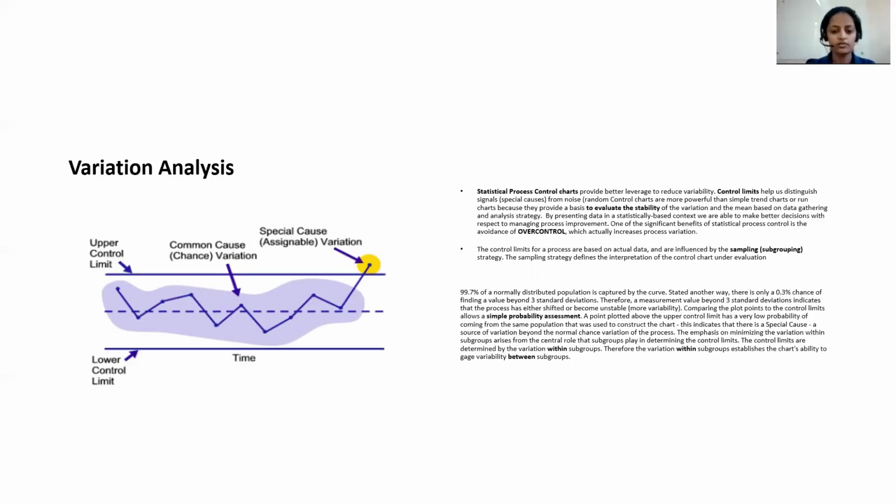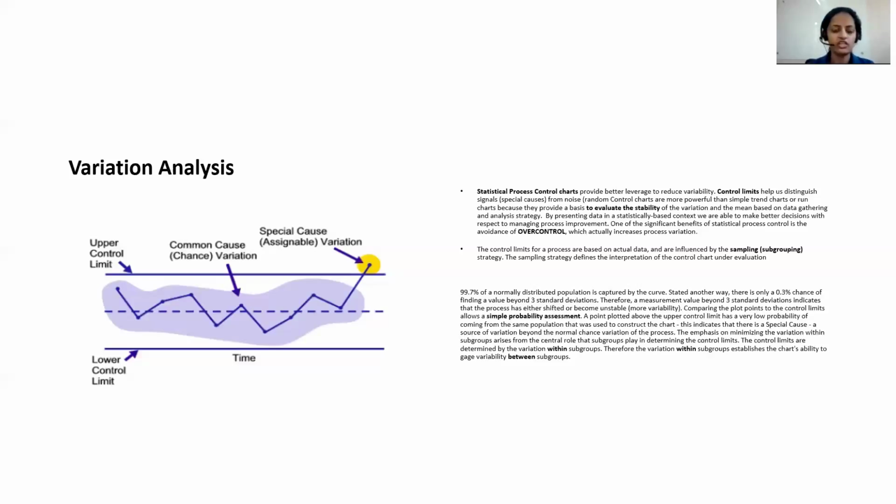Looking at the sampling, as per the normal distribution, 99.7% of the normally distributed population is captured by the curve, and there's only a 0.3% chance of finding a value beyond the 3 standard deviations.